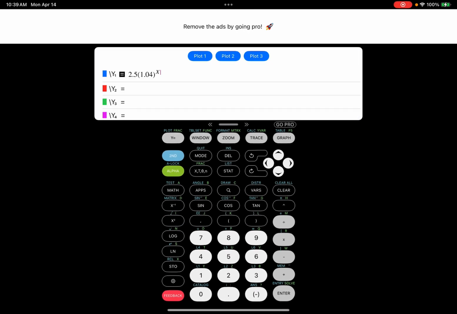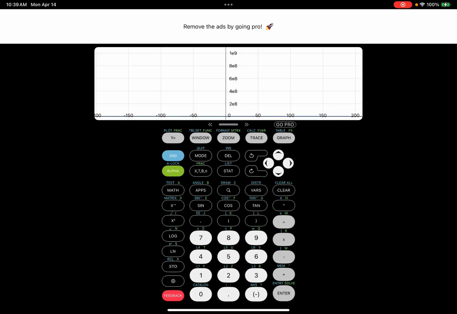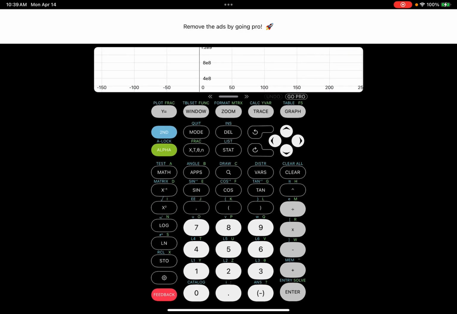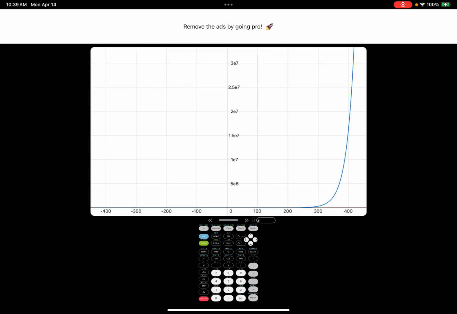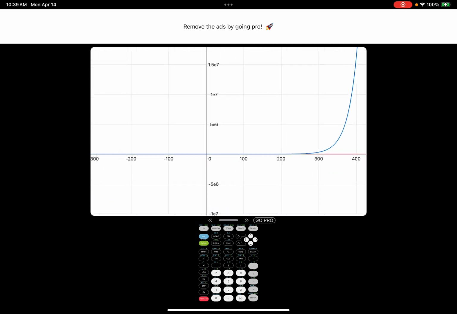I'm going to do y equals, and then I'm going to type in 11. Okay, I'm going to go to zoom 0. Let's see. So I'm going to do it again, zoom 0. Sometimes my calculator is a little weird.